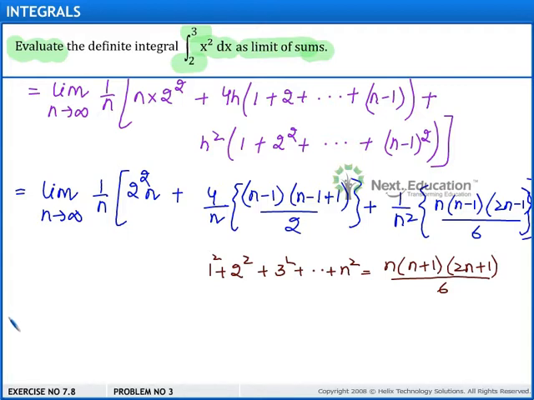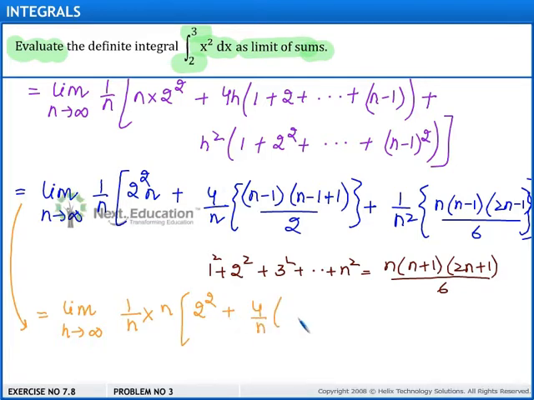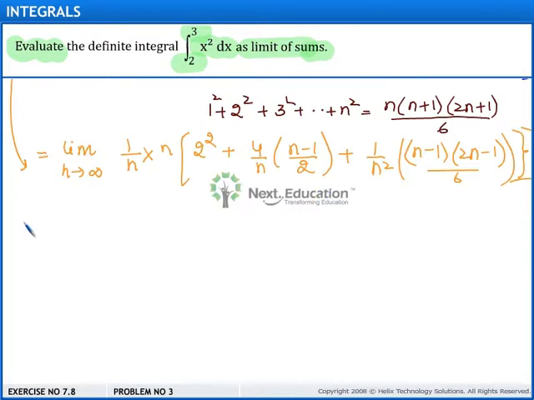Now this is further equal to limit as n approaches infinity 1 upon n into, now taking n common, first we have 2 square plus 4 upon n into (n minus 1) upon 2 plus 1 upon n square into (n minus 1) into (2n minus 1) upon 6, and this is equal to limit as n approaches infinity 1 upon n into, n cancels out.